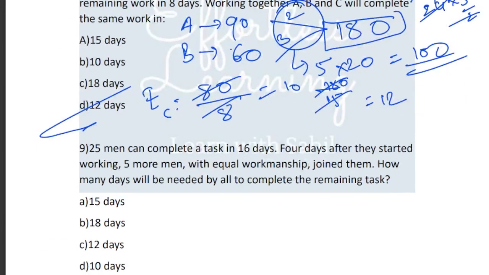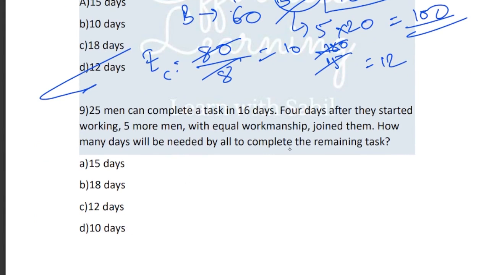9 men can complete a task in 16 days. 4 days after they started working, five more men with equal workmanship joined. Workmanship means the efficiency. So here it is 25 men completing a task in 16 days.